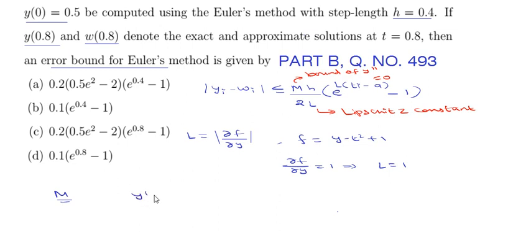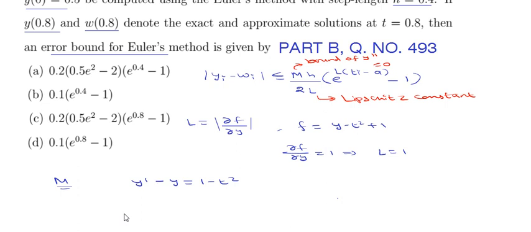The given differential equation is written as y dash minus y is equal to 1 minus t square. Using the integrating factor, y into e power integral p dt is equal to integral q into e power integral p dt plus c.